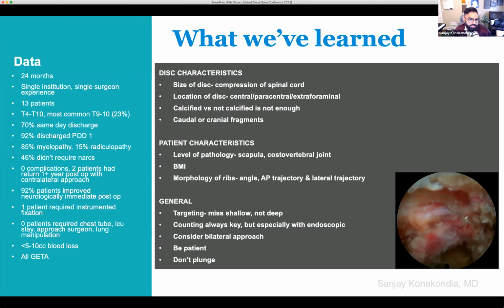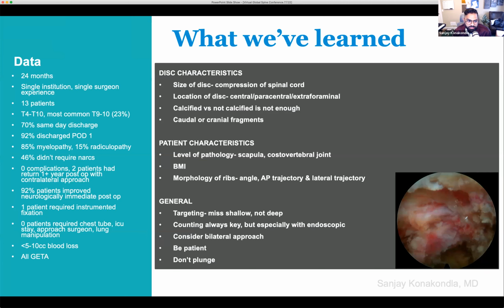So, we put together some of the characteristics that are important from what we learned from these cases: disc characteristics and patient characteristics, right? So size of the disc, location of the disc, is it paracentral? Is it easy to get to, or do we have to do a bit of reaching to get to the central areas? Again, calcified and not calcified is just a part of that story. Caudal or cranial fragments, dictating extra bone work, is important to keep in mind.